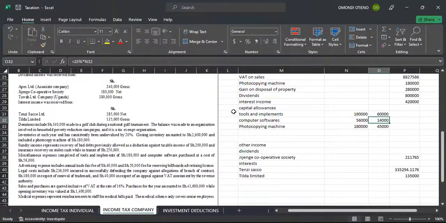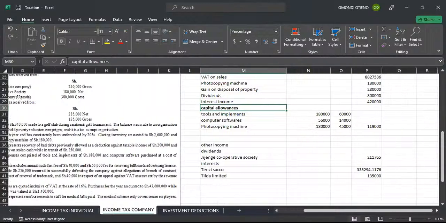So it means the capital allowances which is allowed to be subtracted or to reduce your taxable profit is going to be the summation of these three figures here. That is the total capital allowance.